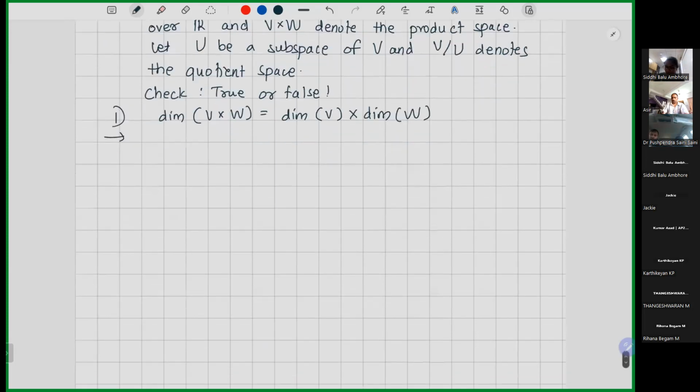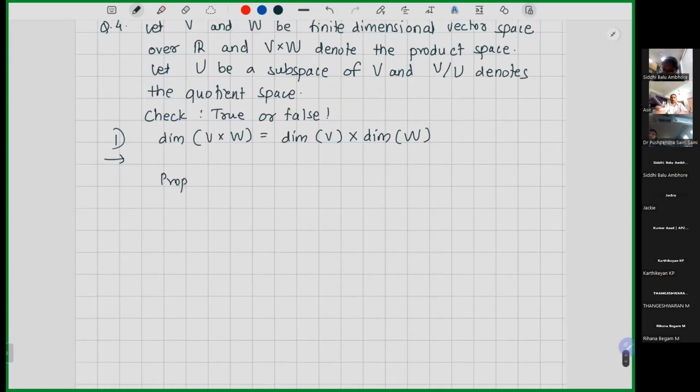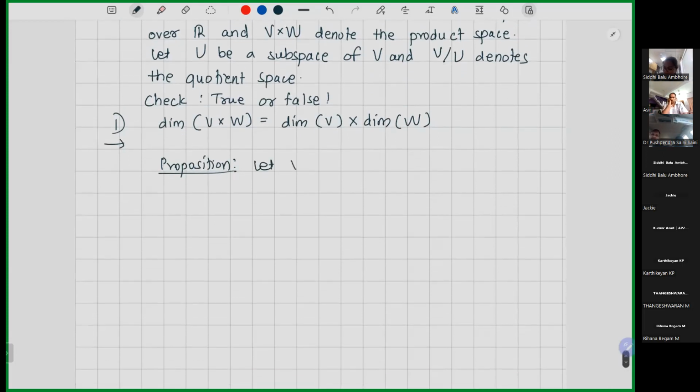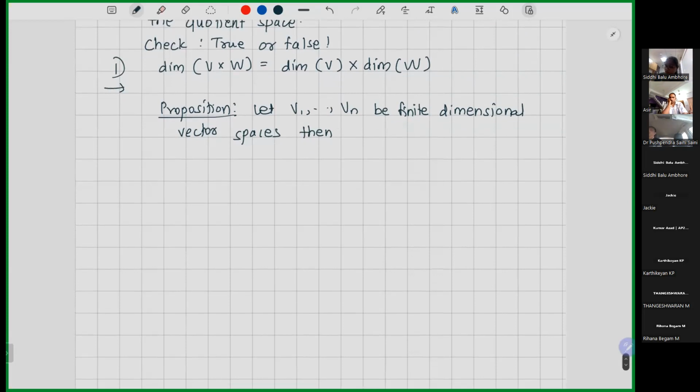It is already covered in the lecture that this proposition says: let V1, V2 up to Vn be finite dimensional vector spaces over R. Finite dimensional is an important thing here. Then dimension of V1 cross up to Vn is equal to dimension of V1 plus up to dimension of Vn.